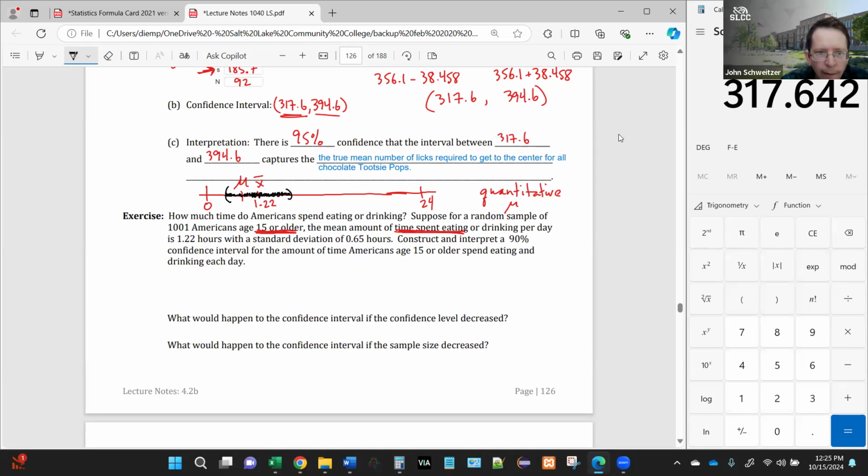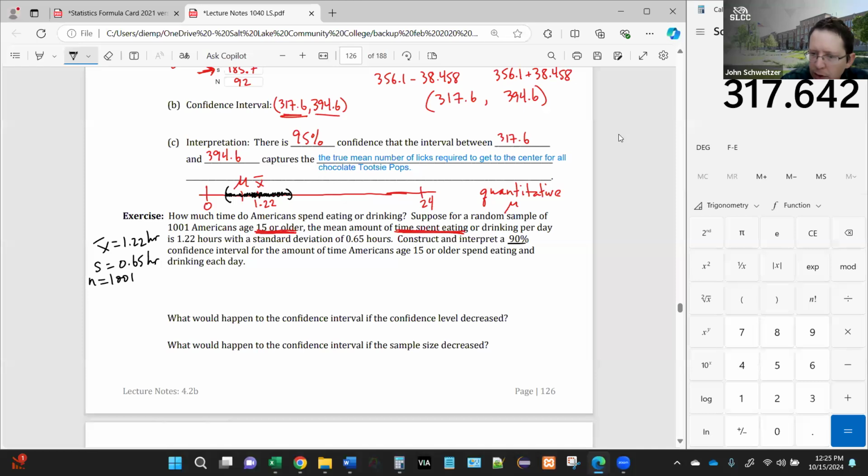Okay, so this 1.22 is X bar, and that's in hours. And the sample standard deviation is 0.65 hours. Okay, and so the sample size here is 1001. And I want you to create and interpret a 90% confidence interval for the average amount of time that Americans age 15 or older spend eating and drinking each day.